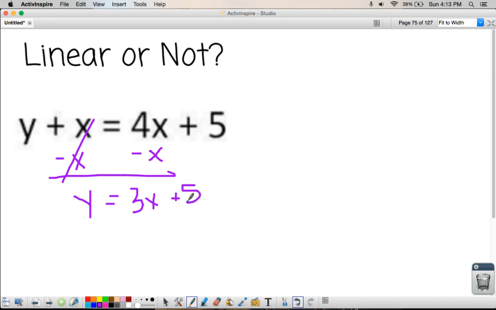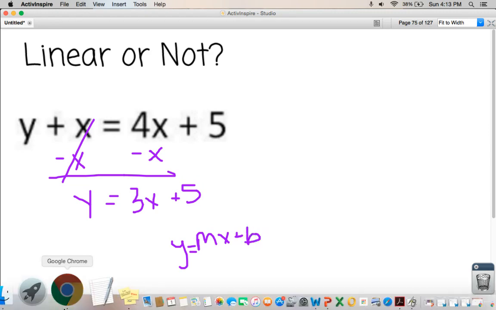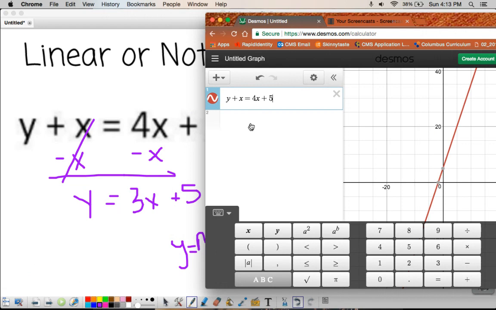So it's the same thing, but it puts it in that form of y equals mx plus b. So if we look at graphing this one, you have y equals 3x plus 5. They line up with each other, which means it's the same line.